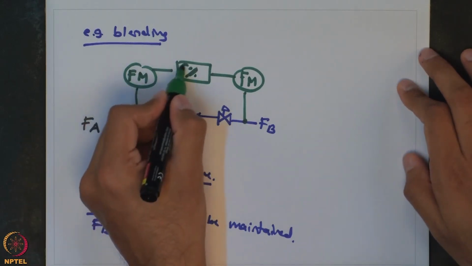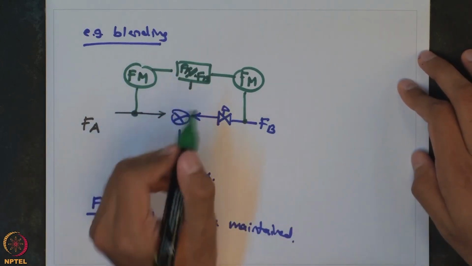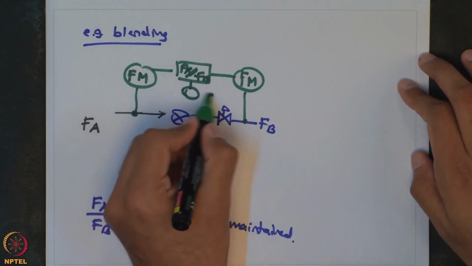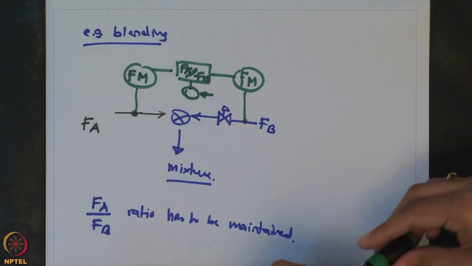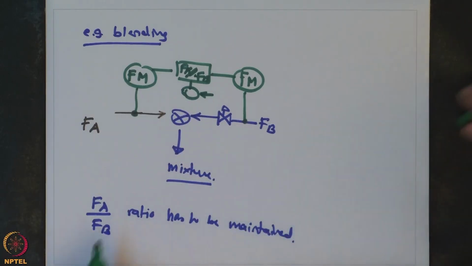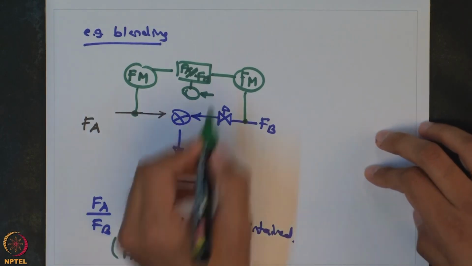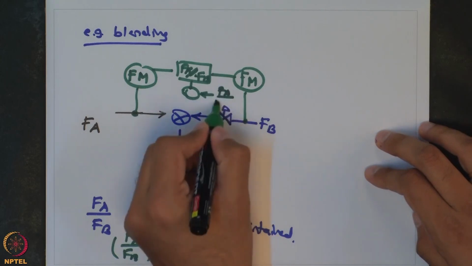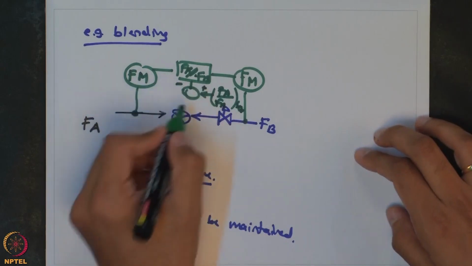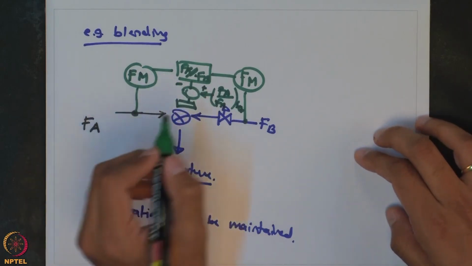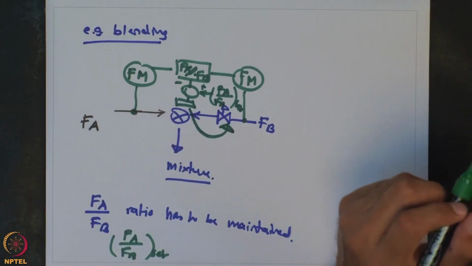If you divide FA over FB, it will give you the instantaneous ratio, and you can have a controller around that which will have a set ratio. Let us say the set point here is FA over FB set. You compare your current value with the set point and accordingly have a controller which will decide how this valve should move.